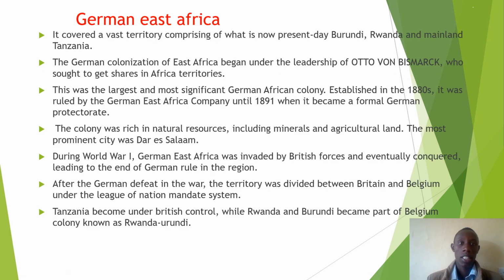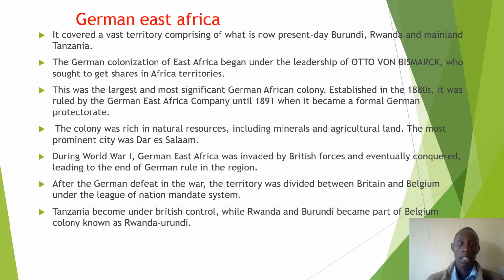German East Africa covered the vast territory comprising Tanzania, Rwanda, and Burundi. The Germans colonized East Africa under the leadership of Otto von Bismarck, who sought to get a share of African territories.